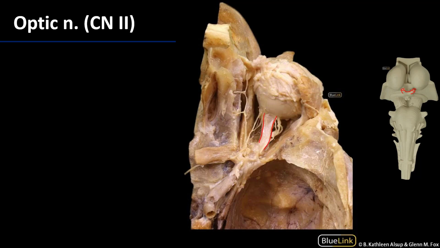The optic nerve traveling and would go through all of that, through the optic canal of the sphenoid bone. And carrying all of that special sensory information back from the retina.